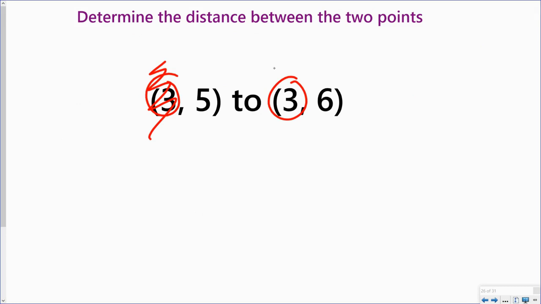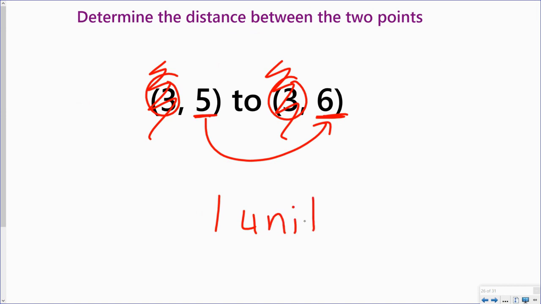So I don't need either one of those. I'm going to look at the two that are different, which is the 5 and the 6. And so the distance between 5 and 6 is 1 unit, because 6 minus 5 is 1.